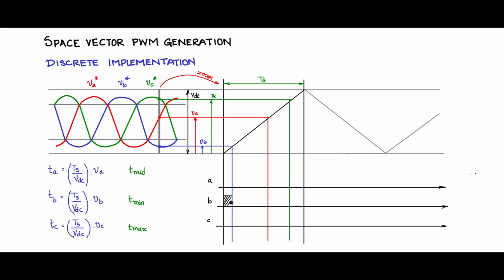For the B, it's cutting here, so it will be high here and low elsewhere. And for the A, this is the A, so it will be high till that point. And for the C, it will be high till this line here.